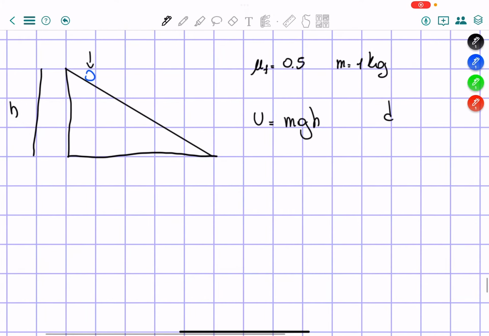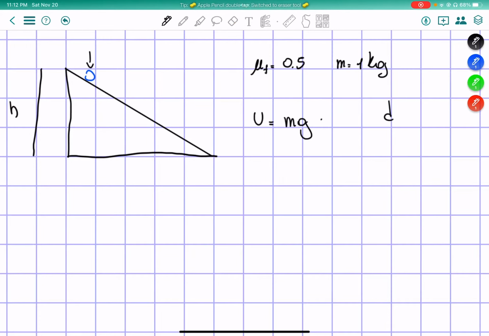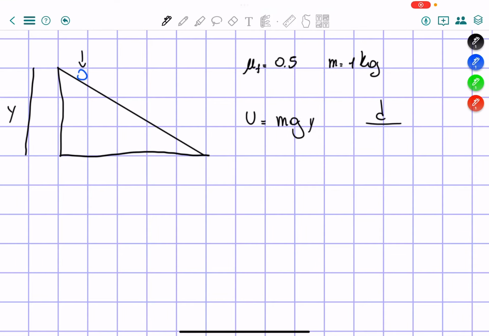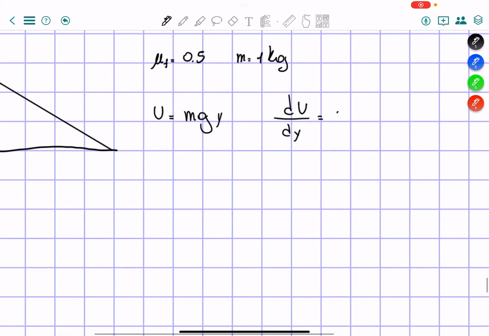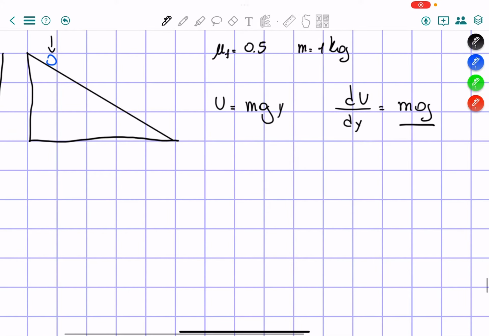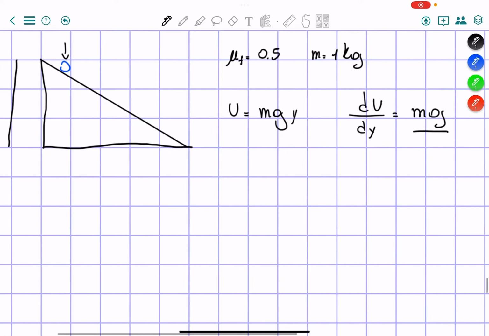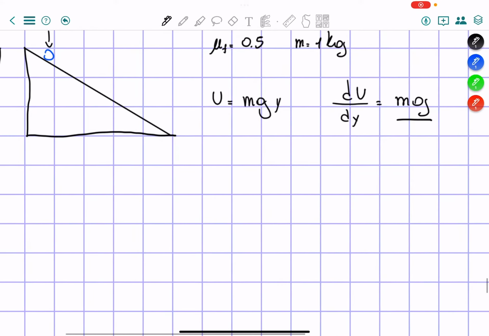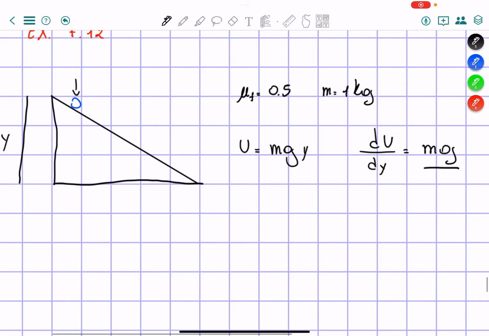If we count h as y, then the derivative of U with respect to y is going to be equal to mg, which is very clearly the gravitational force in the y direction. Anyway, this is only one force that is applying to the ball.